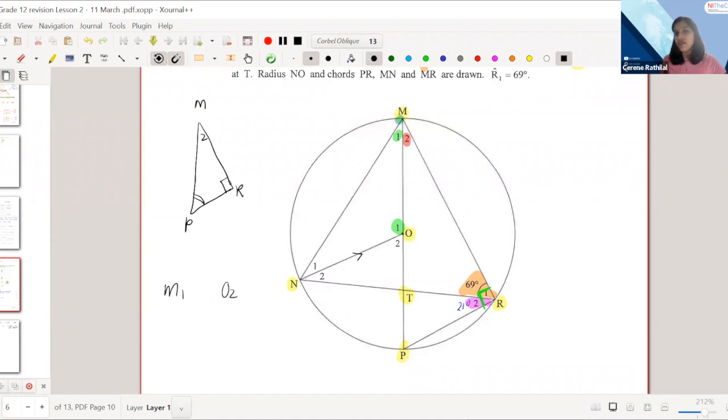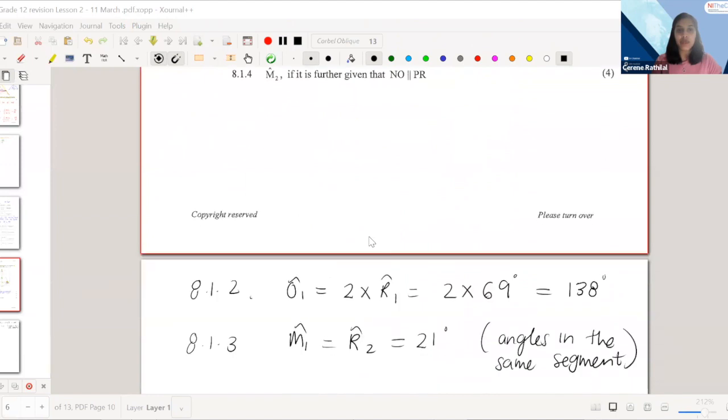Because observe that O2 is an angle at the center, right? Subtended by MP. And what do we know about angles at the center? It is twice the angle at the circumference, isn't that so? So it turns out that O2 is equal to twice M1. Do we all see that? Wonderful. And I see the responses that O2 is 42 degrees. Perfect. So that's what we utilize.